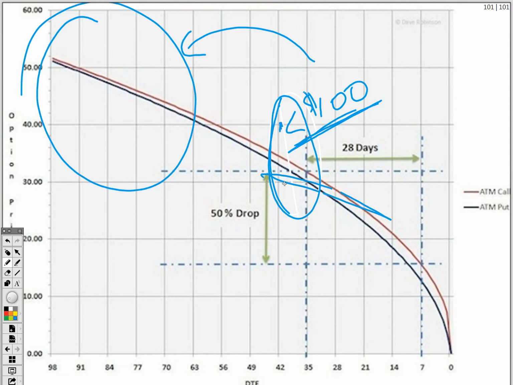But I don't have very much time to be right inside of 35 days. I only have 35 days to be right, whereas out on the curve I have 100 plus days to be right. So if you're going to be paying the same amount, you might as well give yourself that room to be right outside the curve.